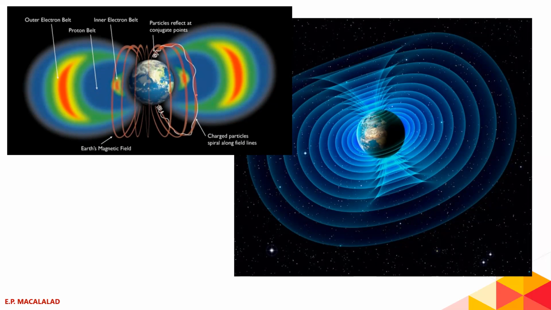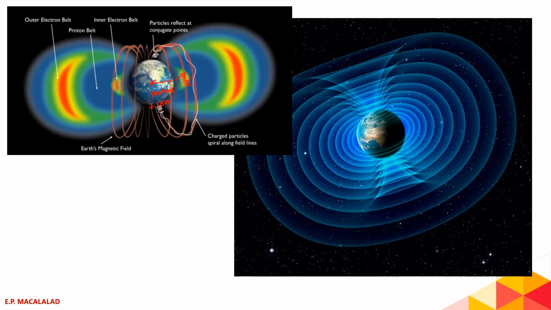And because of this configuration, because there is a westward drift of your protons, or let's say positive ions, and you have your eastward drift of your electrons.